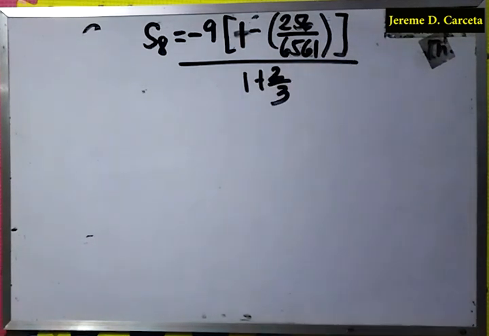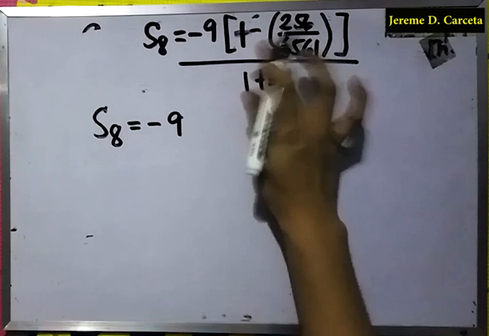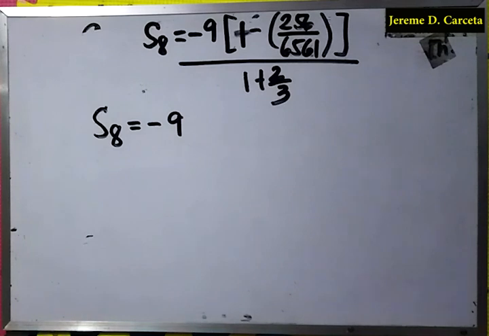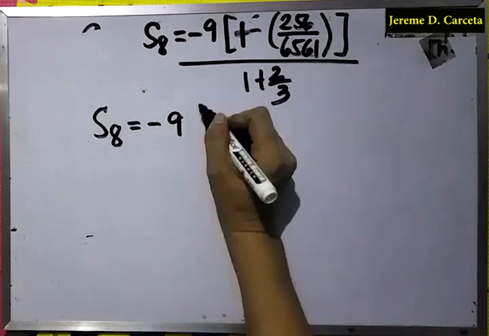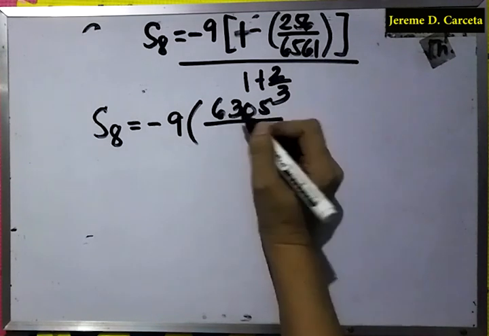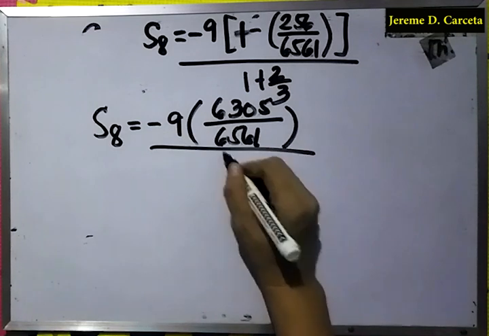So in this case, it will be equal to, again, negative 9. Then we simplify 1 minus 256 over 6,561 over 1 plus 2/3. So we have here 6,305 over 6,561 all over 5/3.